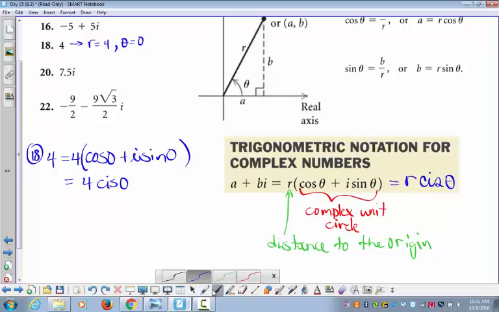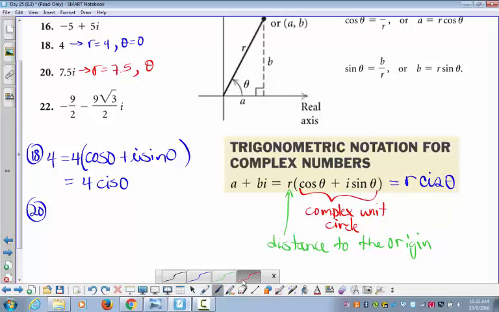And there are great applications for this trigonometric form that will make some work a lot easier. Let's go with another easy one first, before we get to some of the more complex ones. Let's look at 20. How far from the origin is 20? 7.5. And what would theta be in radians there?